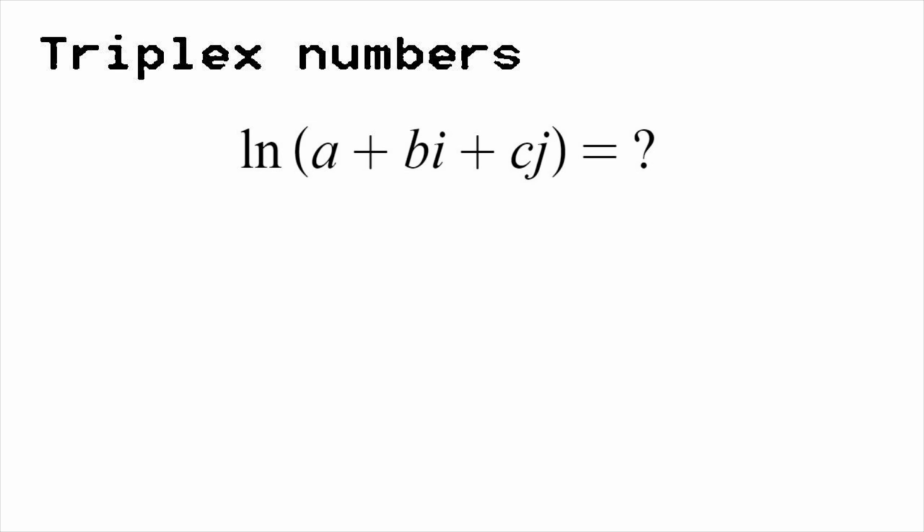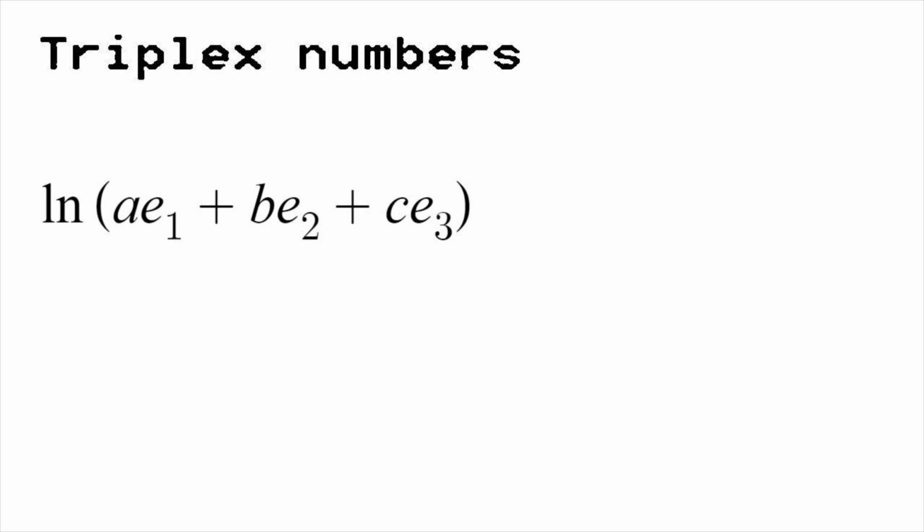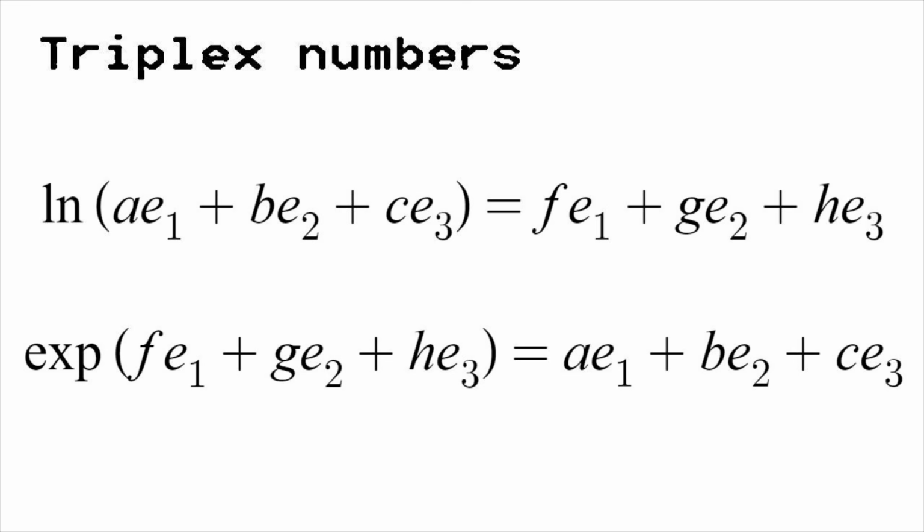So, with that, I'm winding down. Let's just find a closed expression for the logarithm of any triplex number and then call it for today. We'll start in the diagonal basis this time. If the natural logarithm of ae1 plus be2 plus ce3 exists, then that means there is some triplex fe1 plus ge2 plus he3 such that the exponential of fe1 plus ge2 plus he3 equals ae1 plus be2 plus ce3.